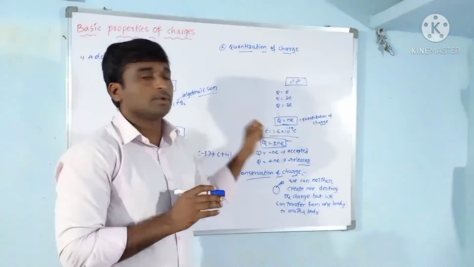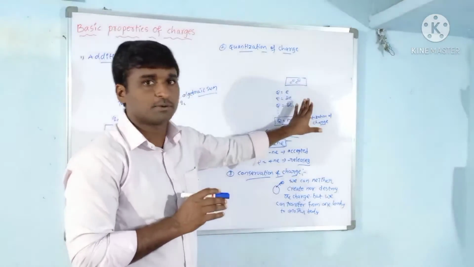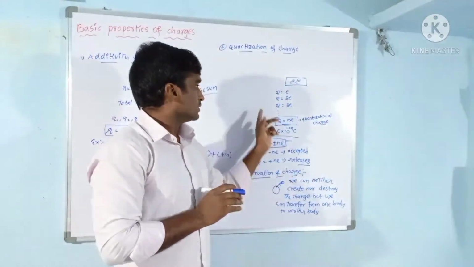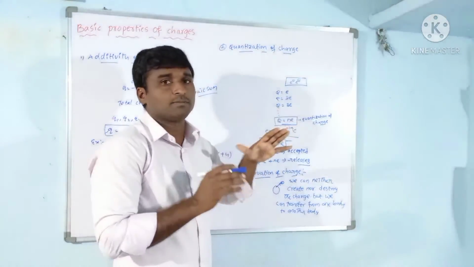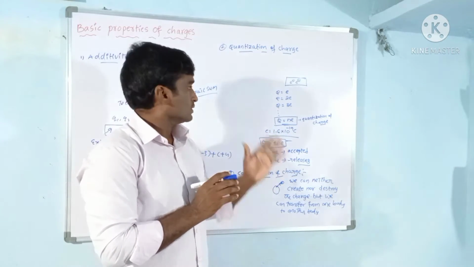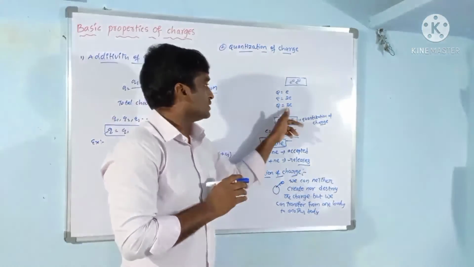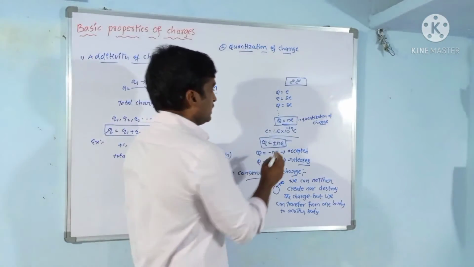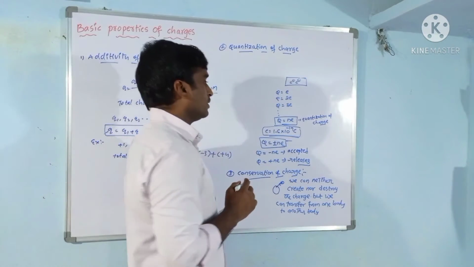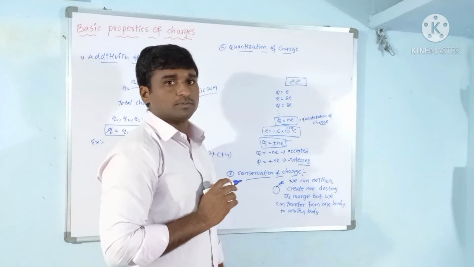When we put two electrons on this body, then we get charge Q is equal to 2e. Next, Q is equal to 3e when we put 3 electrons. When we have 3 electrons in the body, what is the charge of the body? That is Q is equal to 3e. What is e? e is 1.6 into 10 to the power of minus 19 coulomb.